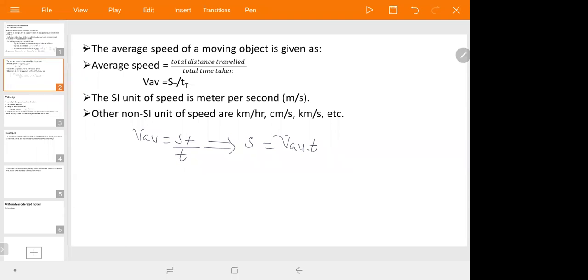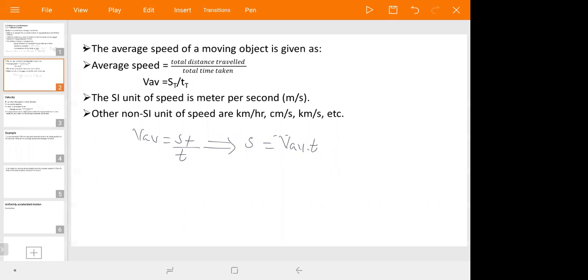For example, average speed is equal to initial plus final divided by 2. It helps you to calculate projectile motion. These concepts help you in future, okay?